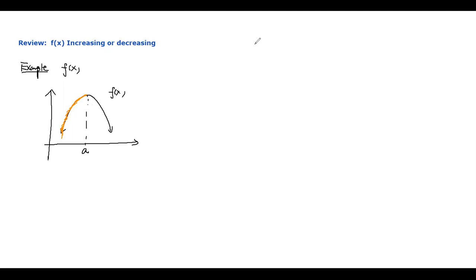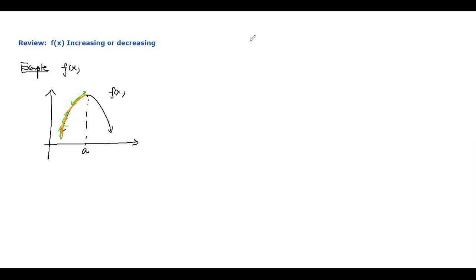And we know the derivative really is the slope of your tangent line. So if you take the tangent line on these little segments here, what happens? The slope of the tangent line is always positive, right?